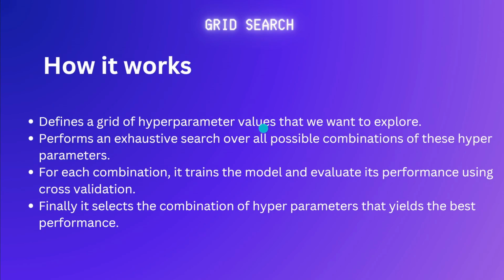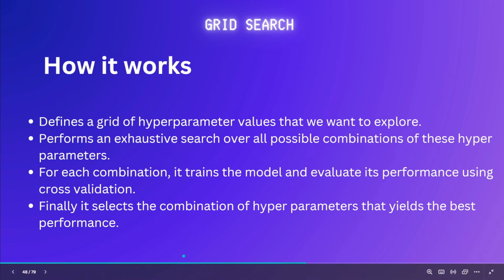Once the hyperparameter values are defined, it performs an exhaustive search over all possible combinations of these hyperparameter values that we have set. Next, for each combination, it trains the model that we have built and evaluates its performance using the cross-validation technique, and it finally selects the combination of hyperparameter values that yields the best performance for the model. So this is how grid search is performed.